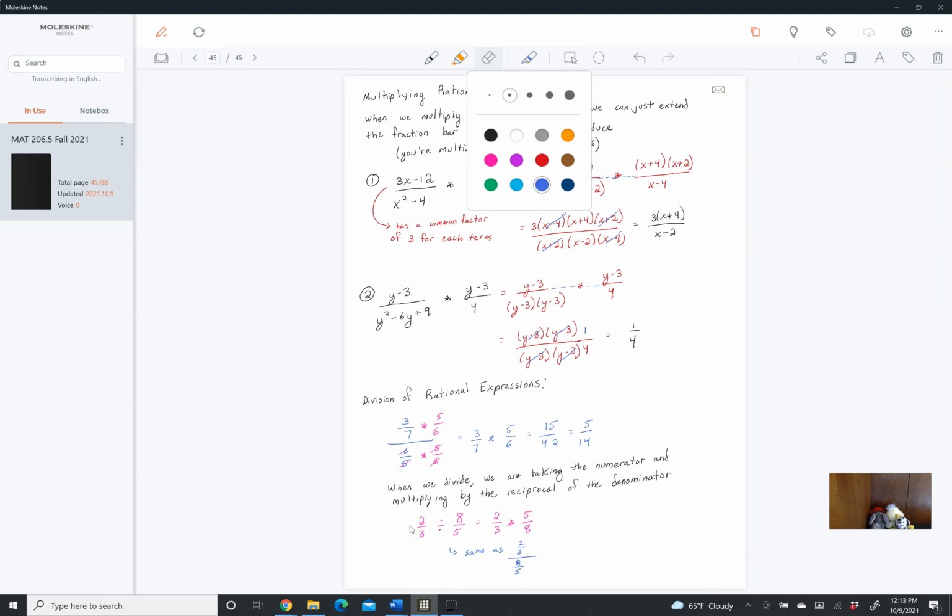That means that we get 10 over 24 and we reduce, this is 5 over 12. We took the reciprocal of the second fraction and multiplied.